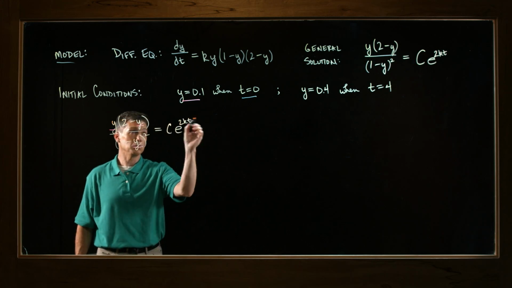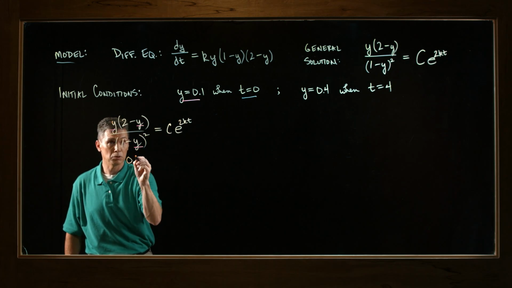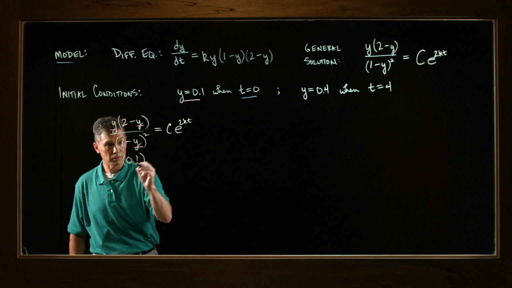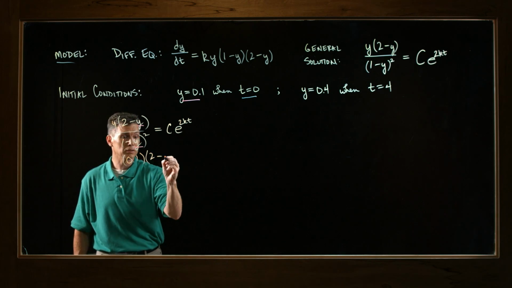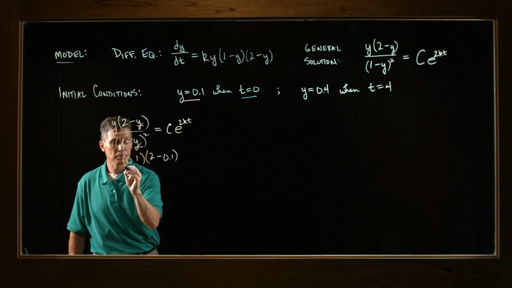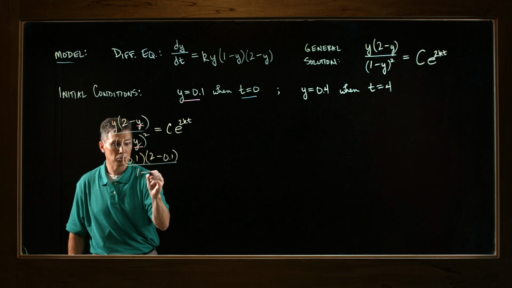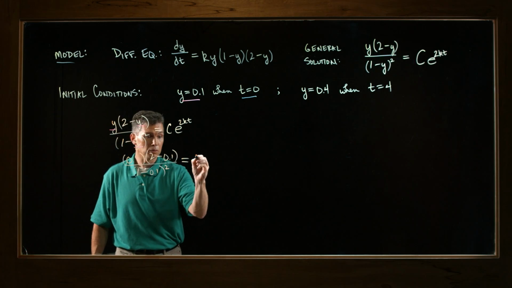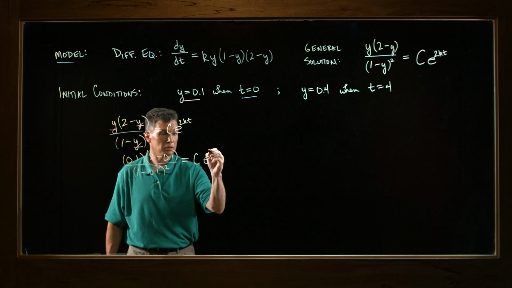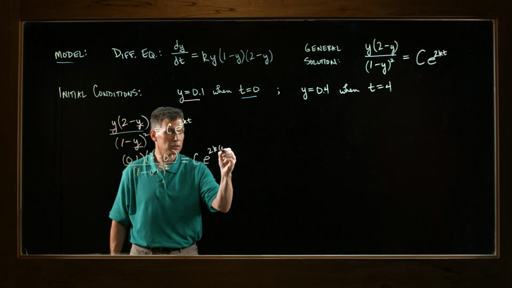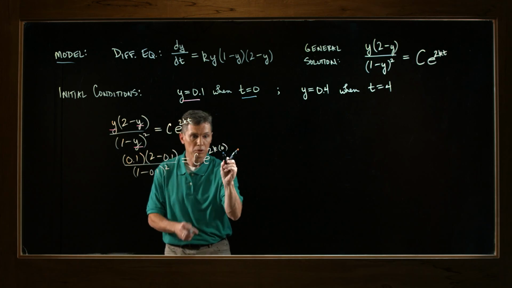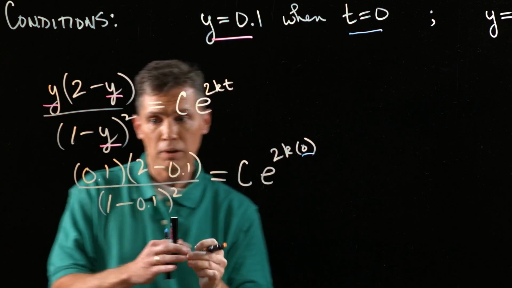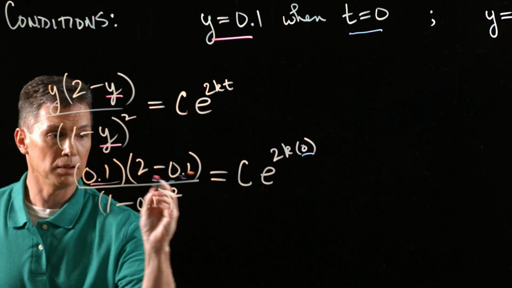So I'm going to now plug in those values: 0.1 times (2 - 0.1) divided by (1 - 0.1) squared equals c e raised to the 2k times 0 power. Putting that t in there, and the y's showed up there, there, there.